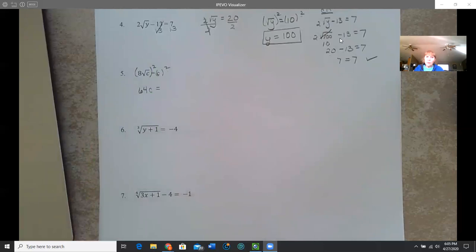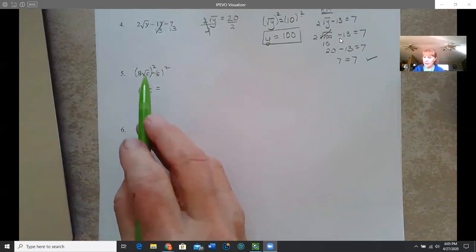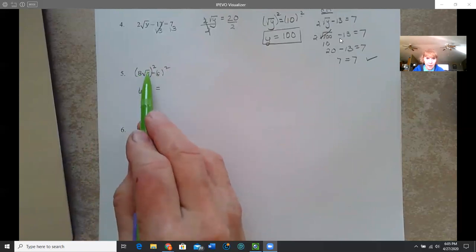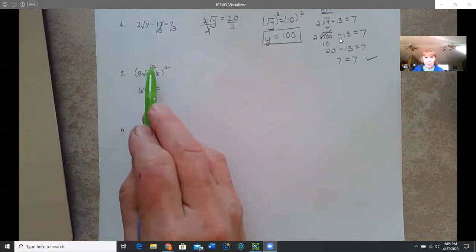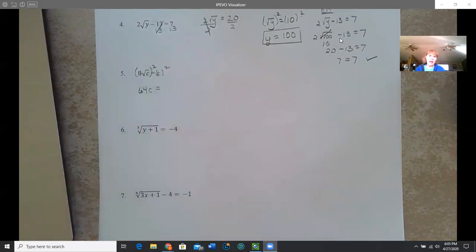So 8 square roots of c squared, you square the number in front, and then you square your square root, and the squared cancels out the square root, so you're left with just a c. So it's really not that bad.